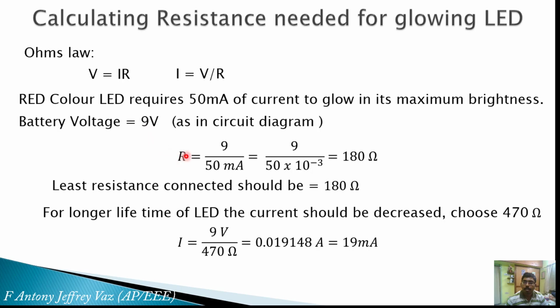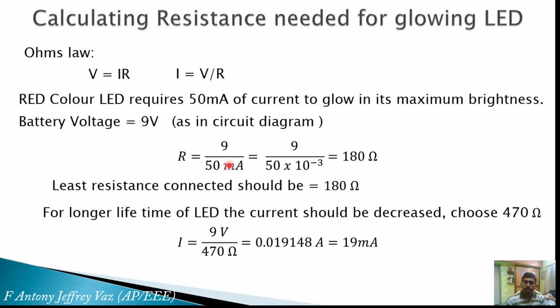We know R equals V by I from Ohm's law. Here V is nothing but the 9 volt, and I is the current required for the LED. For maximum brightness we need 50 milliamps, so we can substitute it here.